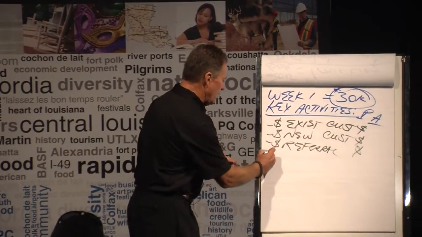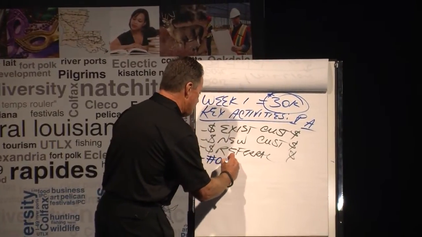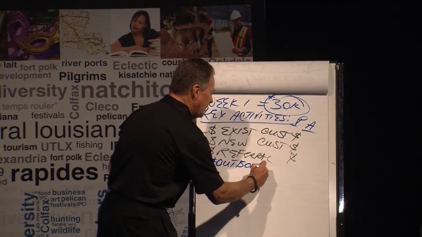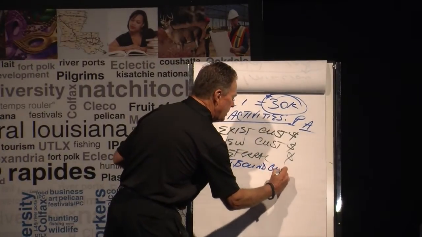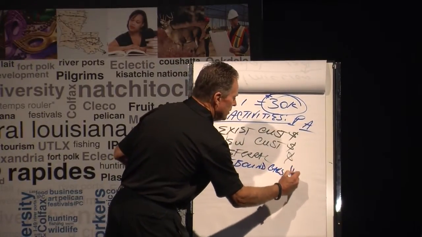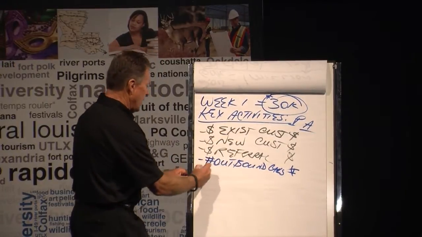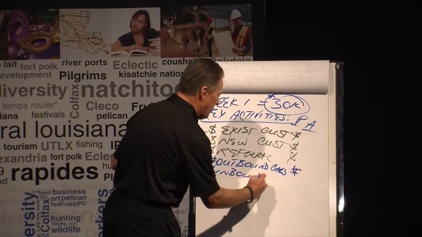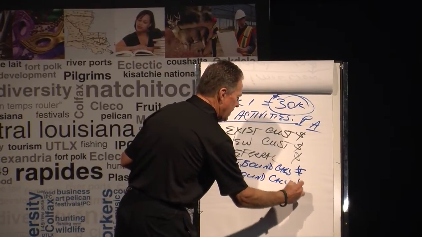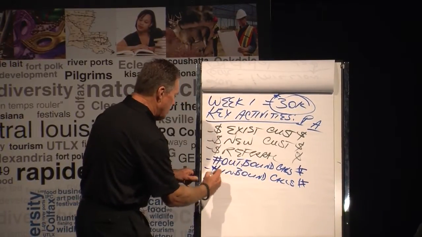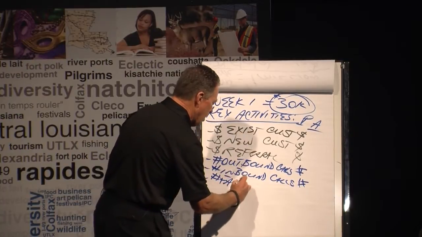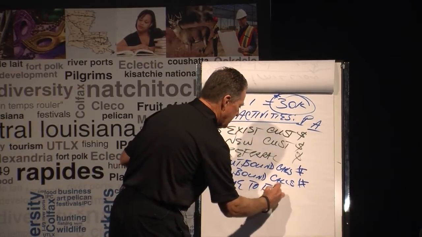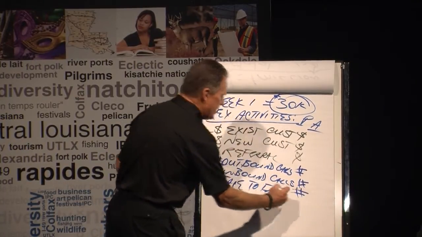Next thing I might want to know from Adam is the number of outbound calls he's going to need to make that week in order to make that 30,000 happen. Maybe the number of inbound calls he's going to need to spend desk time at to make that number happen. The number of face-to-face appointments he's going to have that week to make that 30,000 happen.